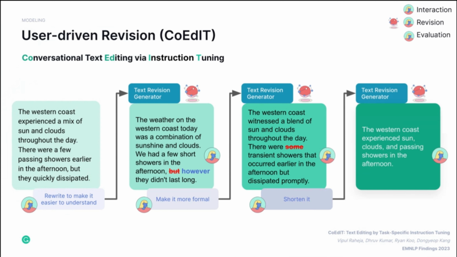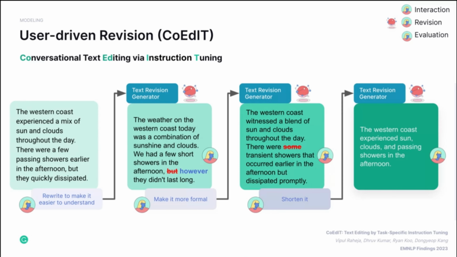As you can see, over many iterations, the revision interaction, the revision itself, and the evaluation are all driven by the user, where the system is sharing just the main responsibility of the revisions. So the user will tell the system what to write, what edits to make, and so on. That's the evaluation part, and of course, based on that, the interaction is also being driven.